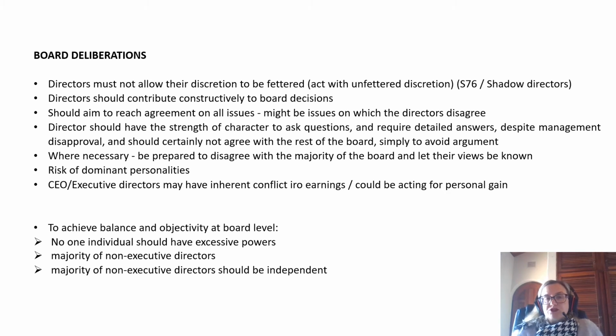Directors should be able to contribute constructively to board decisions. We should ultimately try and achieve an agreement on all issues. So we hash out an issue and we collectively agree on the matter, and we all agree that it's in the best interest of the company to do something.